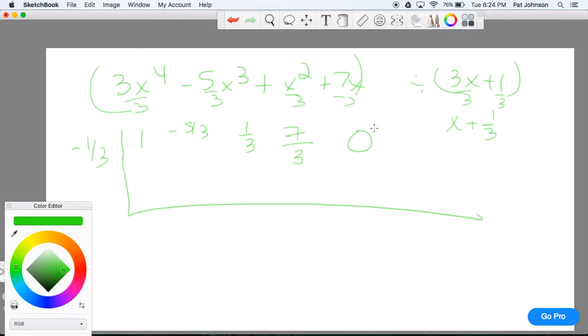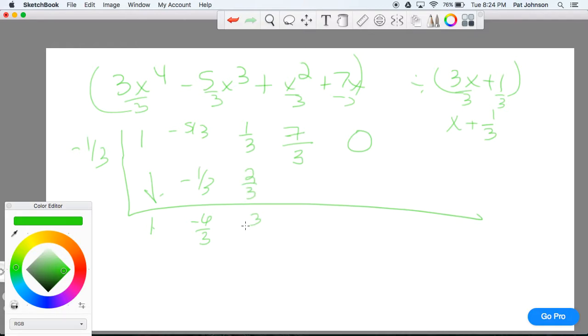So now I can synthetically divide, and I bring down my 1. 1 times negative 1/3 is negative 1/3. Negative 5/3 minus 1/3 is negative 6/3, right? Which is actually negative 2. Negative times negative is positive, so we get positive 2/3 here.